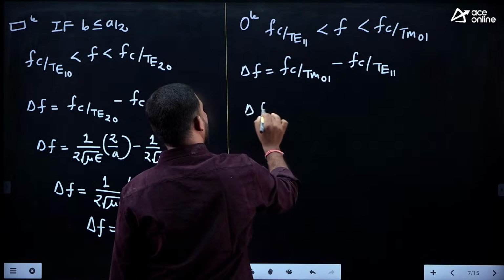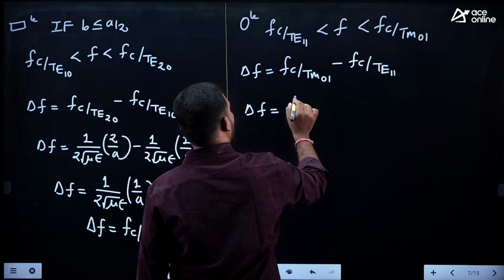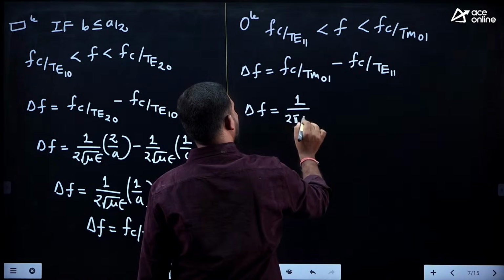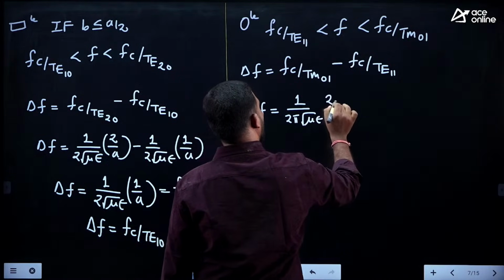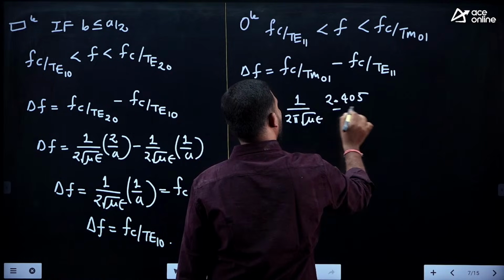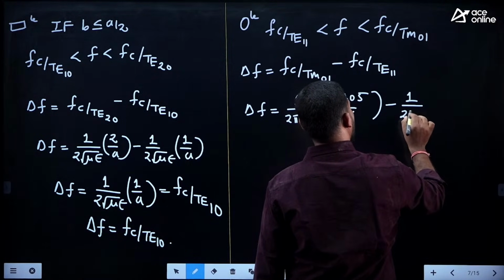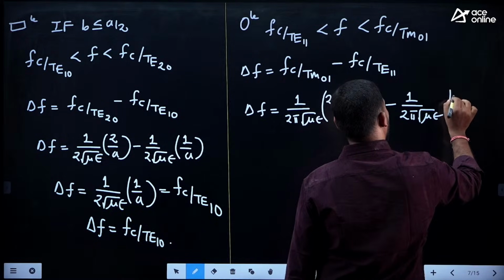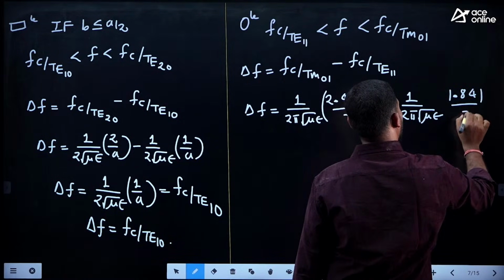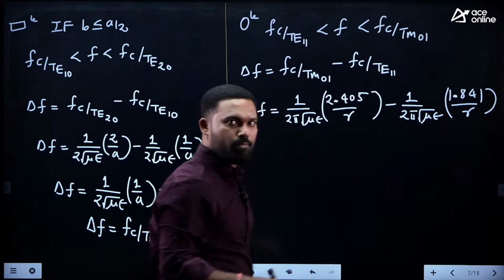So you can write this one as 1 divided by 2 pi square root of mu epsilon into 2.405 divided by R minus 1 divided by 2 pi square root of mu epsilon into 1.841 divided by R. Okay.